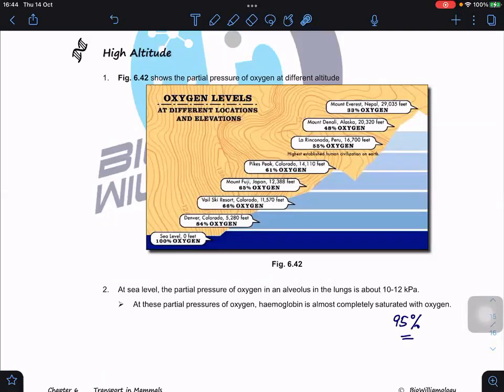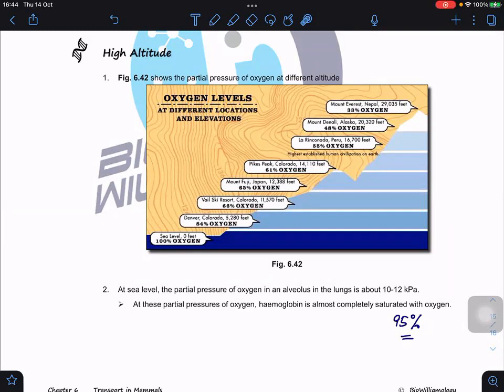If we go up to about 14,000 feet, oxygen concentration drops to 61%. If we go up to Mount Everest, about 8,000 meters, then you can see the oxygen concentration drops to about 33%. So the partial pressure of oxygen in the lung will be lower.